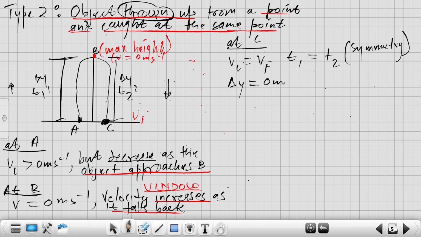So with type 2, an object is thrown vertically up, reaches the maximum height, and then returns to the starting position. When it returns to the starting position, it will assist me to be able to say, fine, what other hidden information can I get?